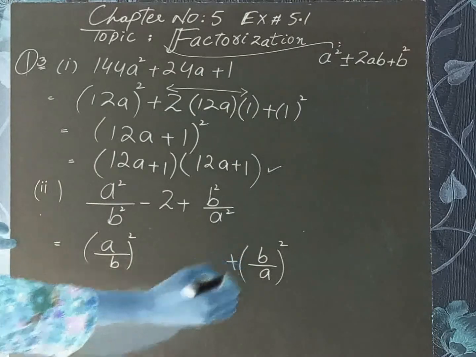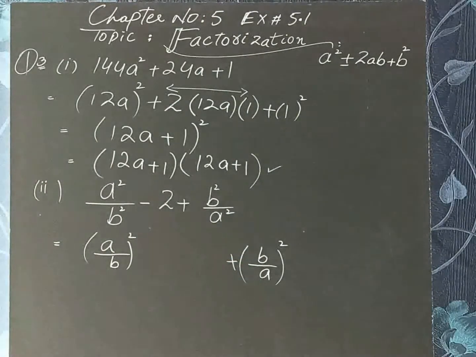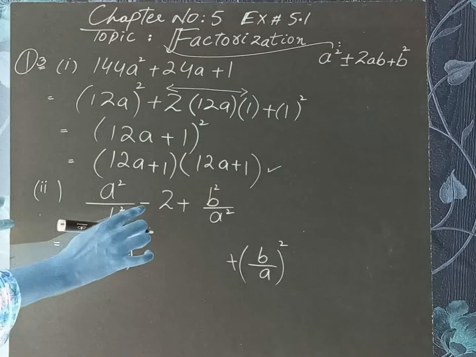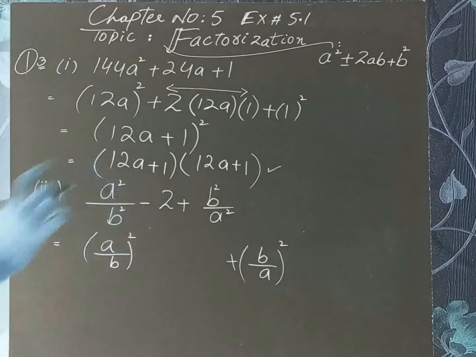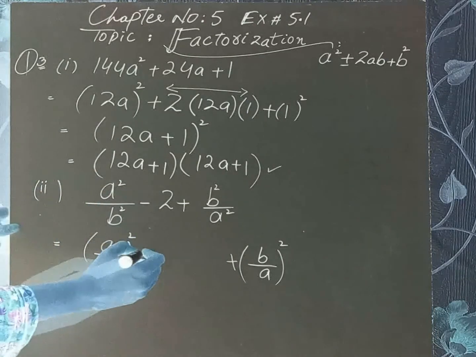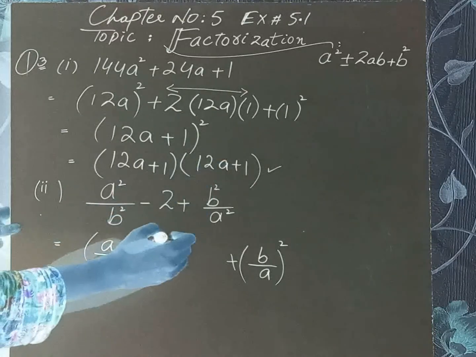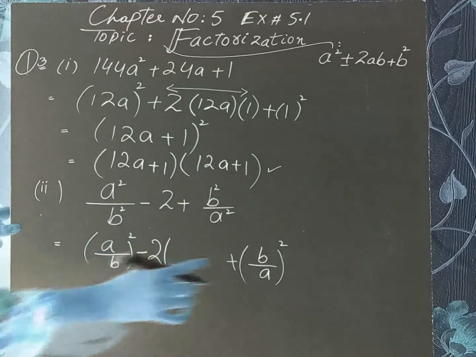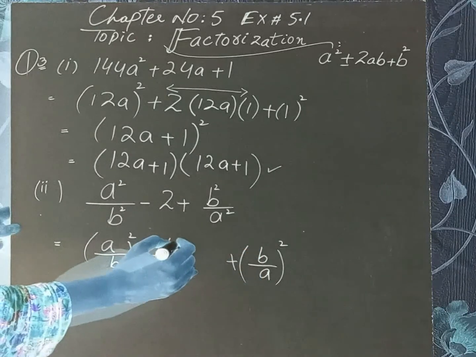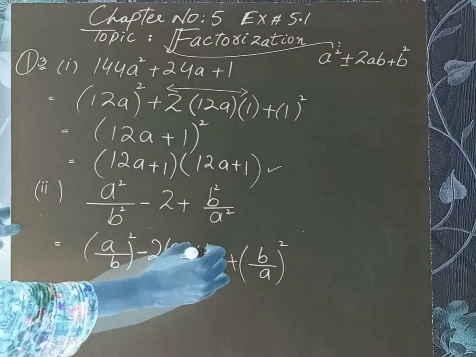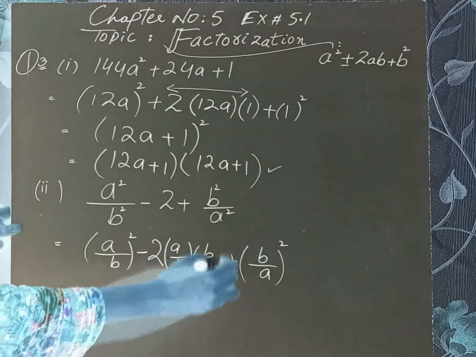As I have written, a squared plus b squared. Here always the signs are plus. So with the formula plus-minus 2ab, the sign is the sign of this middle term. If there is minus, I will write minus over here. 2ab means a over b, b means b over a.